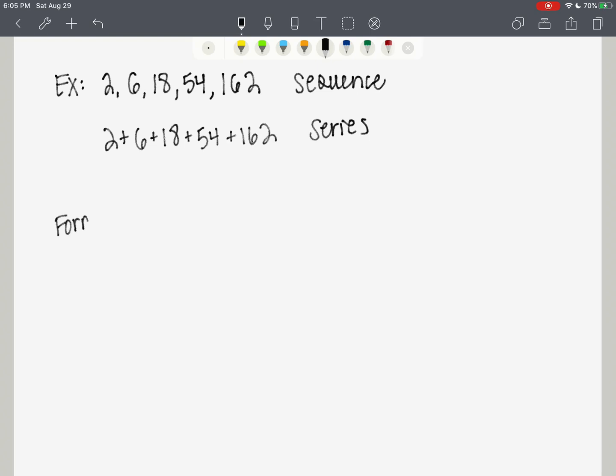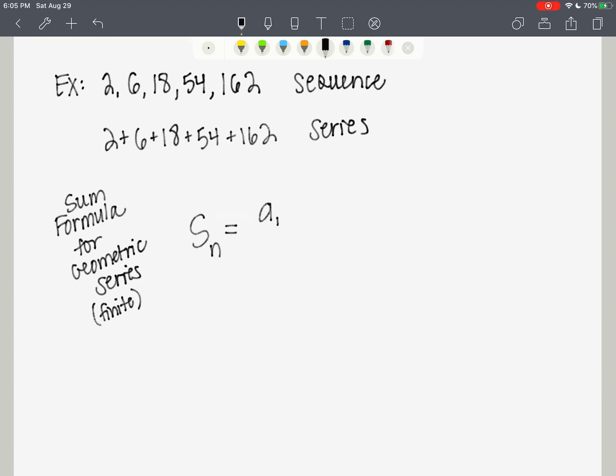So here's our formula to find the sum. The sum formula for a geometric series that is finite, meaning it has a beginning and it has an end: S sub n is equal to the value of the first term times the quantity 1 minus r to the n, all over 1 minus r.